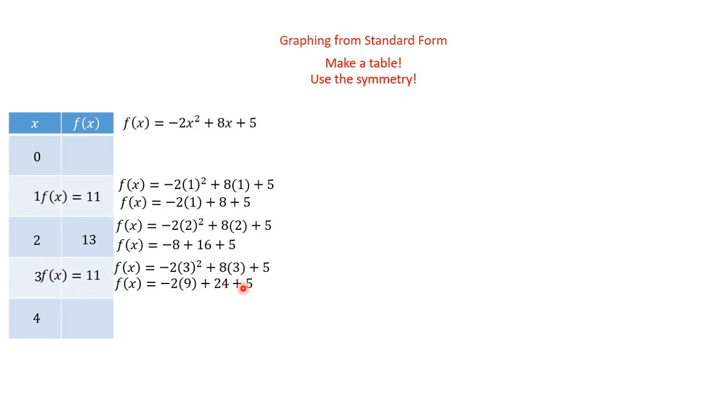So we can put the 11s in. Then we can do the same thing with the 0 and the 4. So up here, well, 0 squared, that's 0 plus 0 equals 5. Here, 4 squared 16 times -2, that's -32, plus 32, which is 0, plus 5.